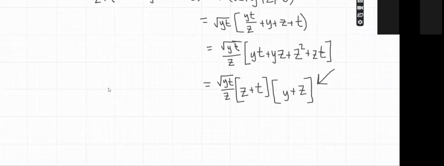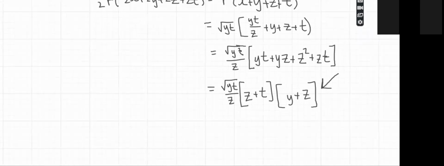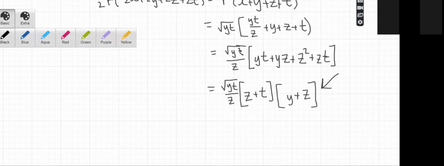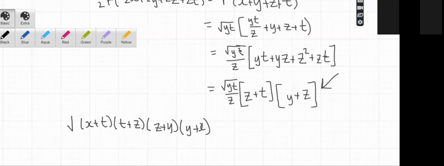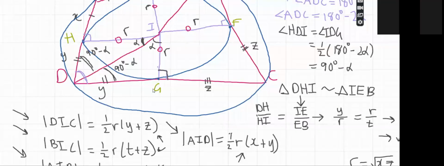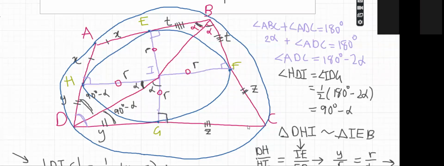Okay, so the square root of the product of the four sides is the square root of (x plus t) times the square root of (t plus z) times the square root of (z plus y) times the square root of (y plus x). Okay, so this is because the four sides are x plus t, t plus z, z plus y, and y plus x.